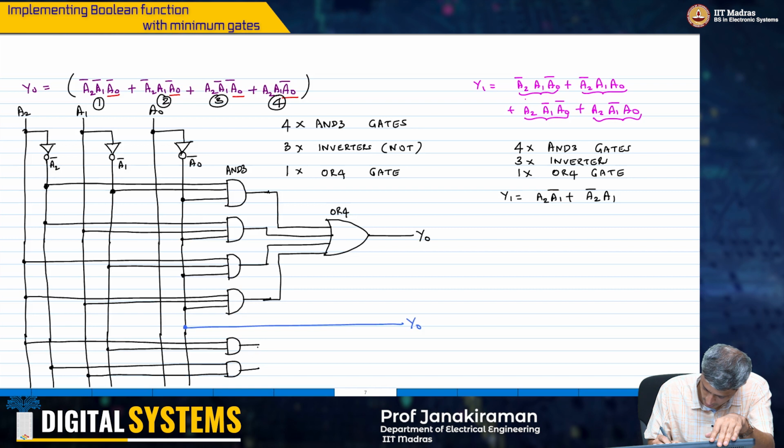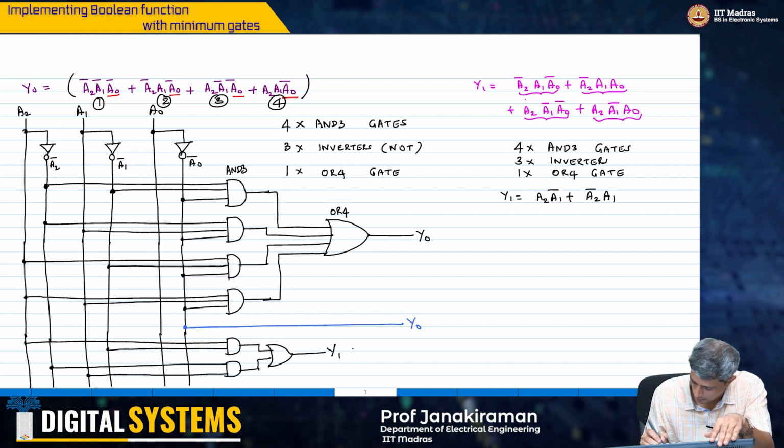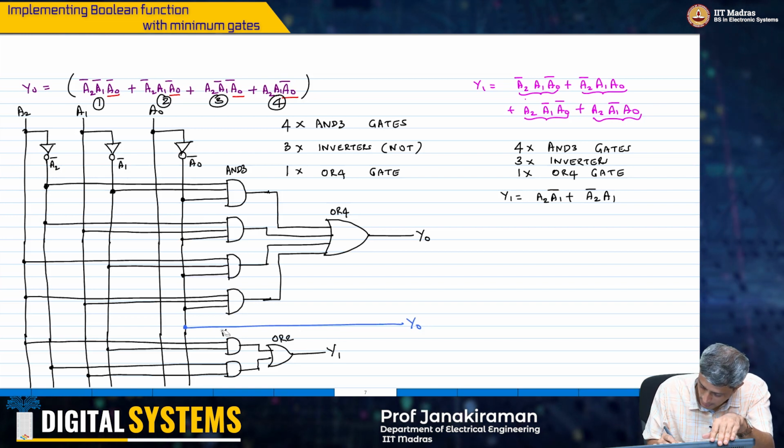I just do this and then give it to a 2 input OR gate. So this is OR 2, and these are AND 2.